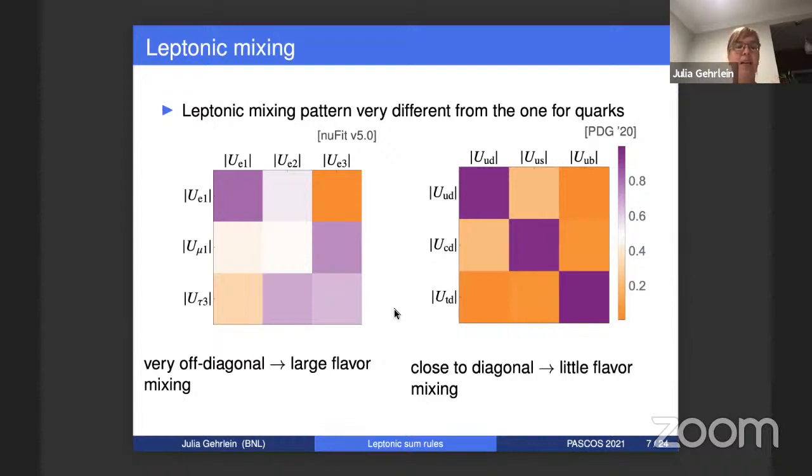For the leptons, the PMNS matrix, the mixing is very off-diagonal. We observe large flavor mixing for the leptons, whereas in the quark sector, the mixing matrix is close to diagonal. We have very little flavor mixing in the quark sector.